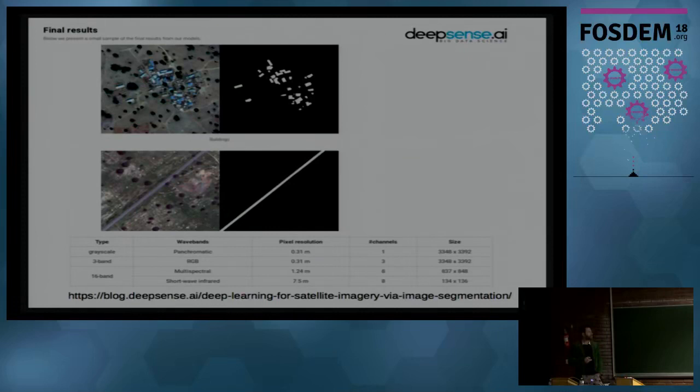and so this kind of result implies building a new kind of model able to deal with several kinds of band lengths. The other issue is related to the size of the imagery.